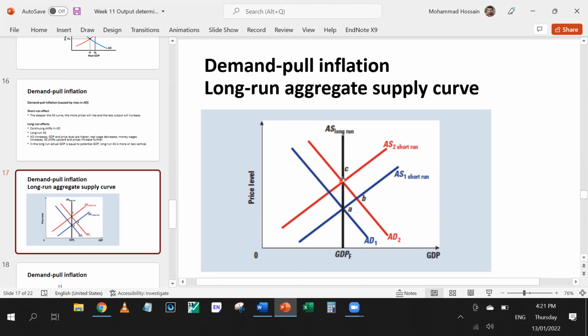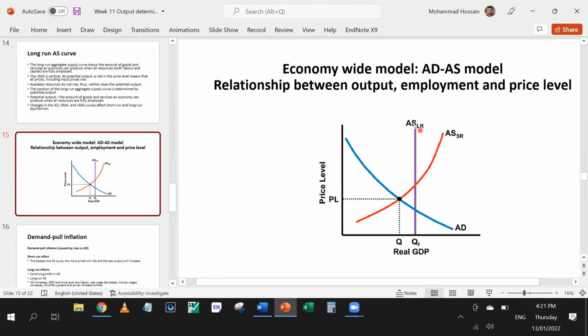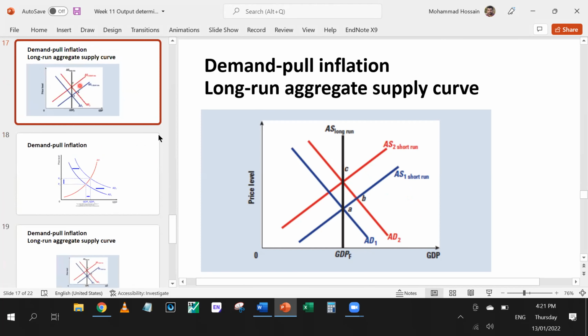As a result, they will supply more, but they cannot supply more than C because that's the maximum they can supply. Like we said here, the maximum they can supply is at this vertical line. If you go here, the maximum they can supply is at point C. So at a higher price, they will be supplying at the maximum point.